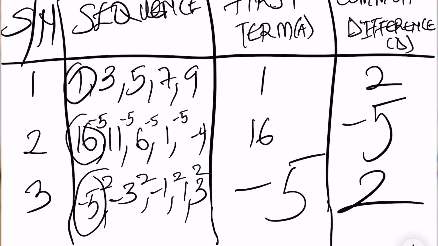Now, the nth term of an arithmetic progression. If the first term of an arithmetic progression is A and the common difference is D, then the first 4 terms are U1 equals A, U2 equals A plus D, U3 equals A plus 2D, and U4 equals A plus 3D.